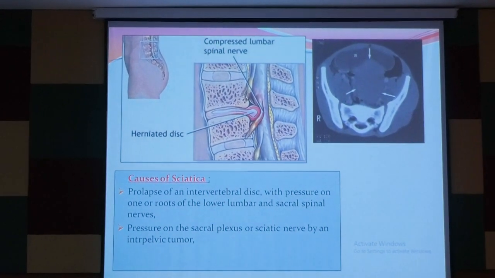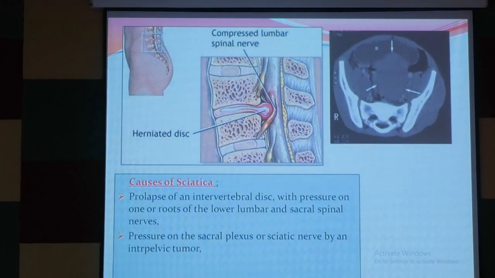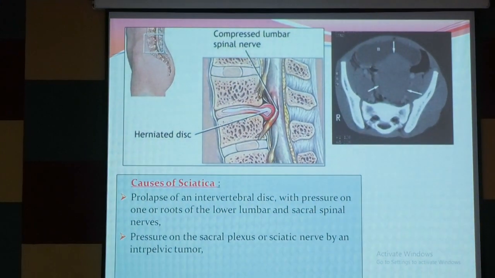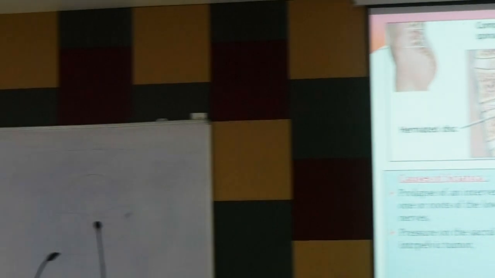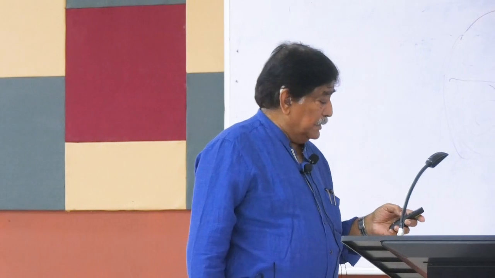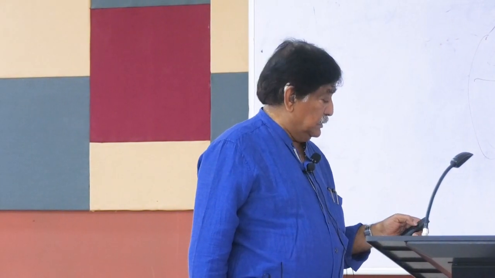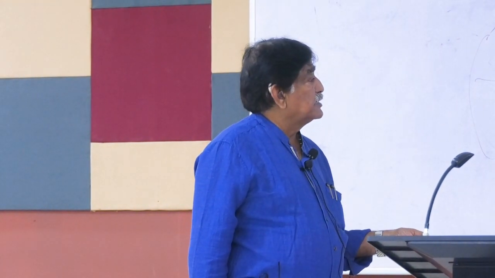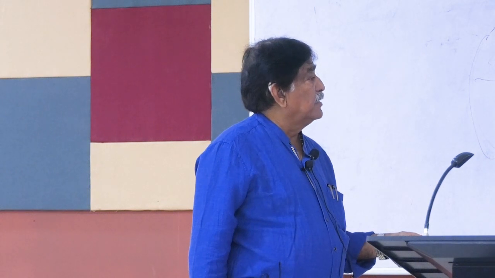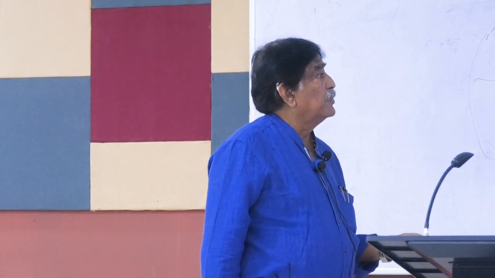Now, when two vertebrae are there, spinal nerves will come out naturally. If there is a compression, these are injured. And what I discussed is pressure on the sacral plexus or sciatic nerve by an intrapelvic tumor.